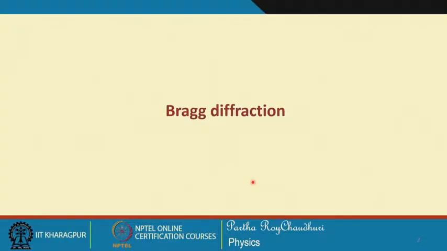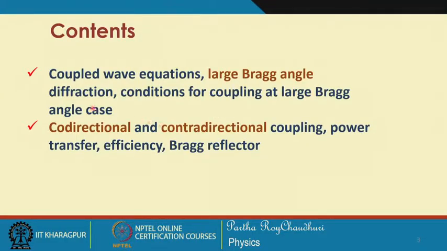So, this we will be discussing starting from the basic coupled wave equations, and we will impose the condition of large Bragg angle diffraction. Then we will look at the condition for coupling for this case.